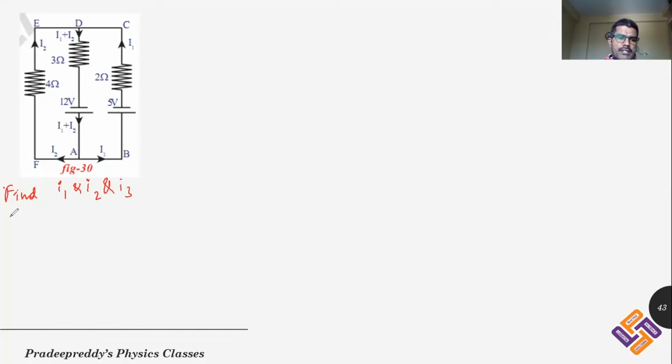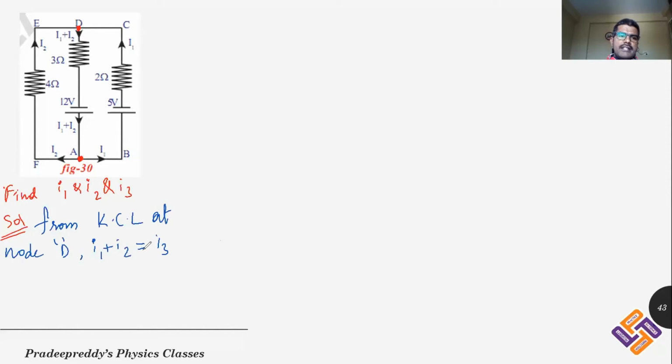Now in order to find this, we will be using Kirchhoff current law first. So where do we have nodes? Node is at point D and at point A. If you write the node equation at point D, from Kirchhoff current law, I1 plus I2 is equal to I3.